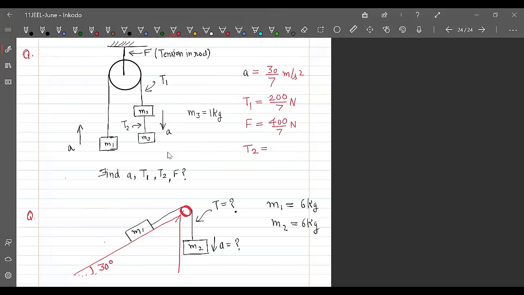And T2, that will be, no, T2 will be 40 by 7.